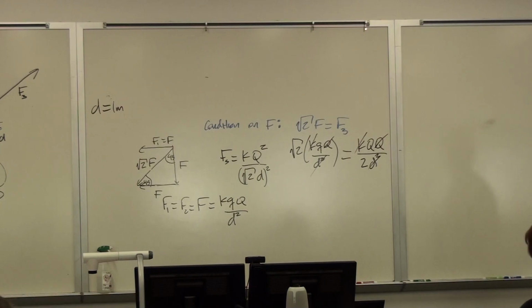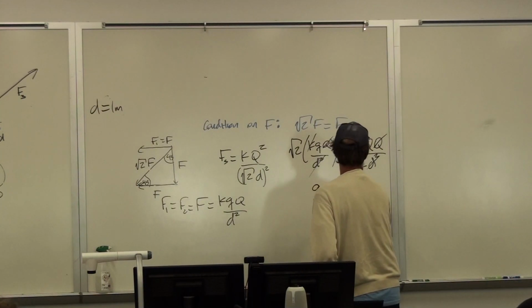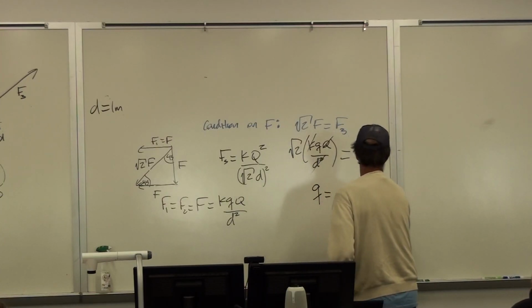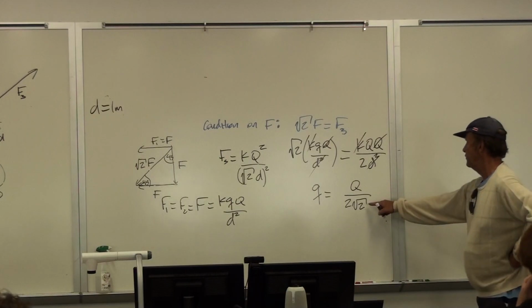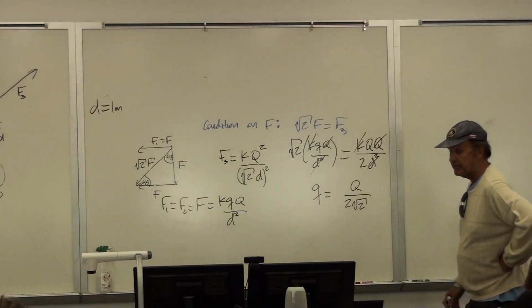And so what I'm left with is little q equals big Q divided by 2 square root of 2. That's the same thing as square root of 4 times square root of 2, so that's the square root of 8.